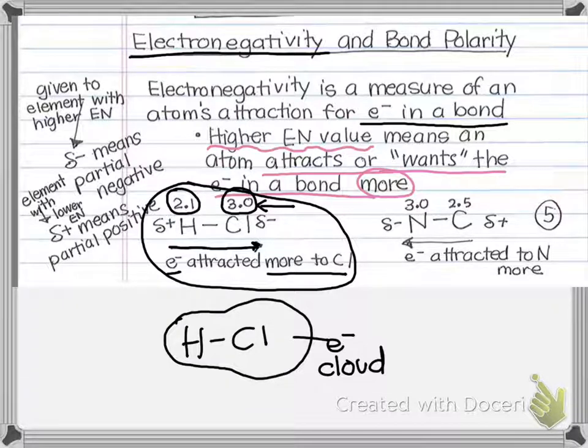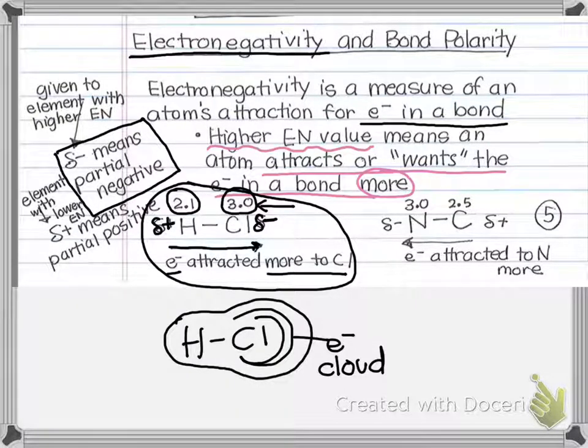Now another notation, there's this little squiggly, which is the Greek lowercase delta, and I have it here. This one has a negative and this one has a positive. Delta negative means partially negative. Well, that's because electrons are negative. So if you see the electrons getting more around the chlorine, it's going to get negative.